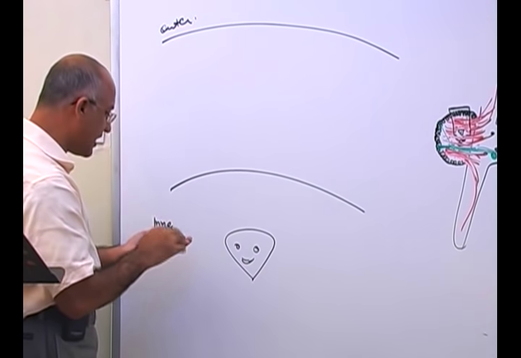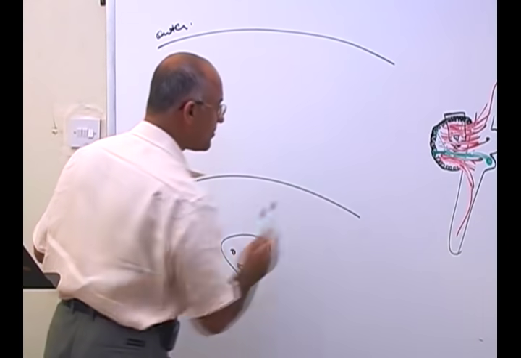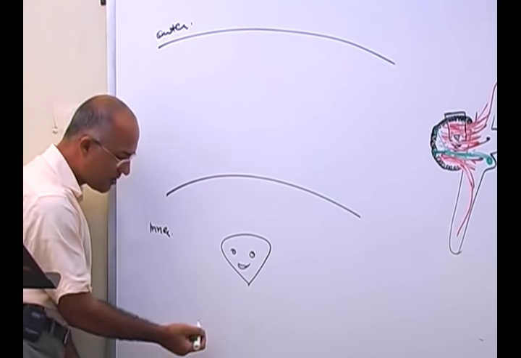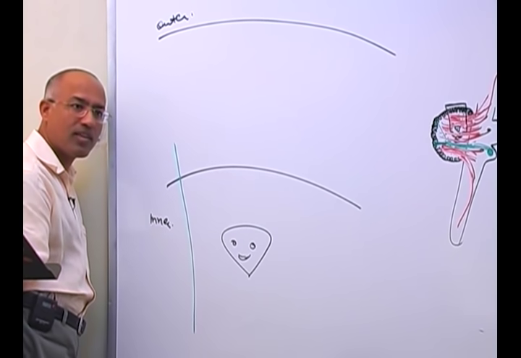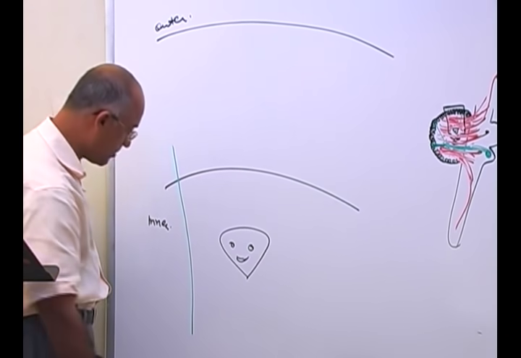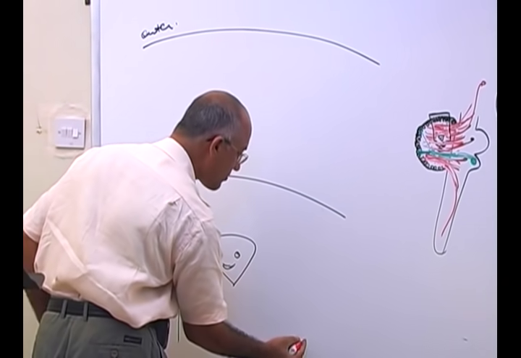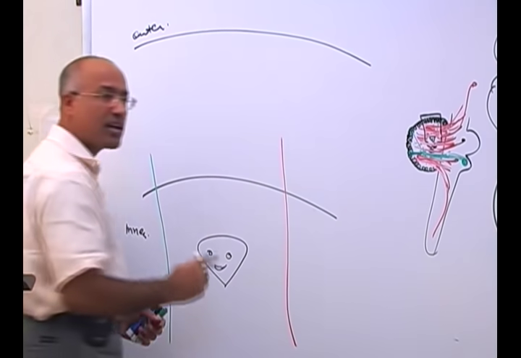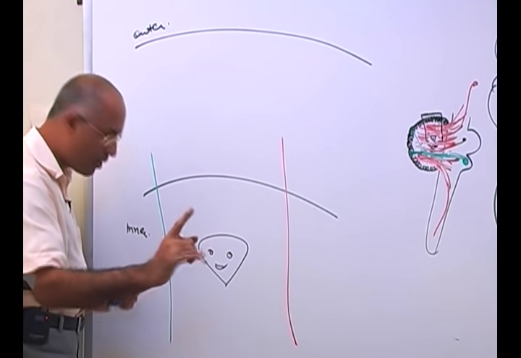Now we have already discussed there are two types of fiber coming. Which fiber is this coming? Climbing fibers, right? They are coming from the olivary system, the inferior olivary system. The other fibers coming are mossy fibers.